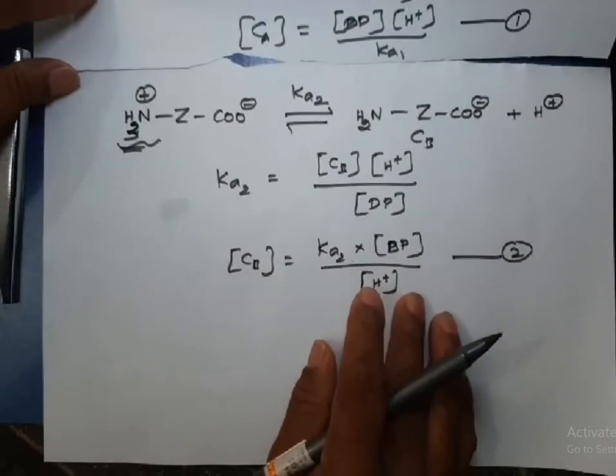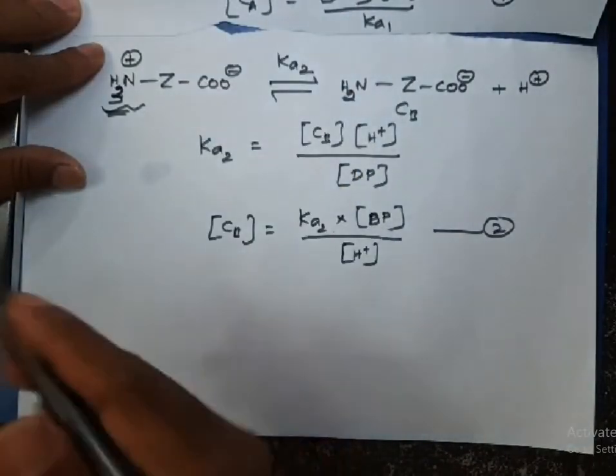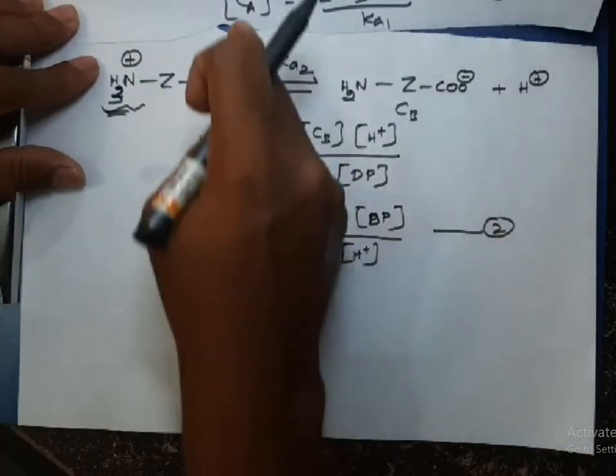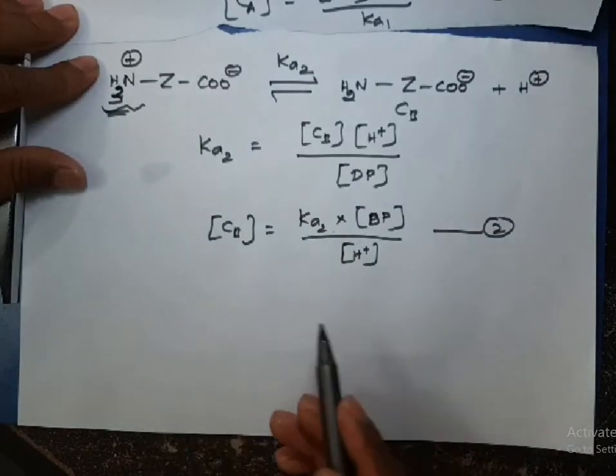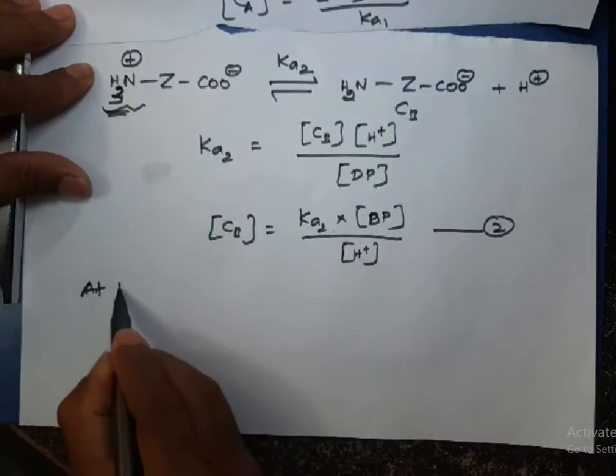Now I am going to equate these two, because at the isoelectric point, the concentration of Ca and Cb are equal.